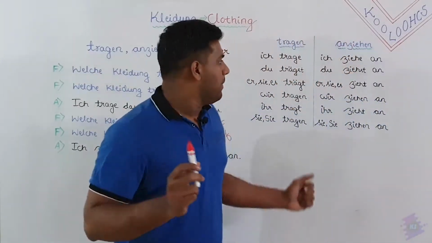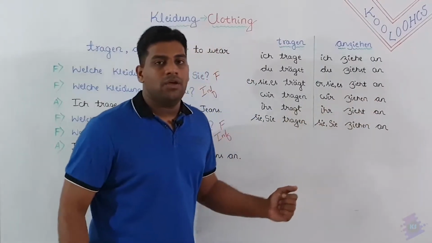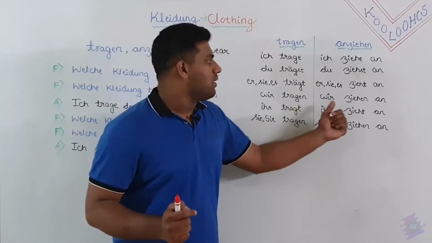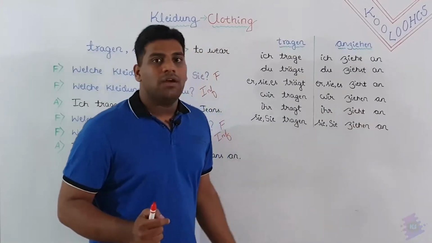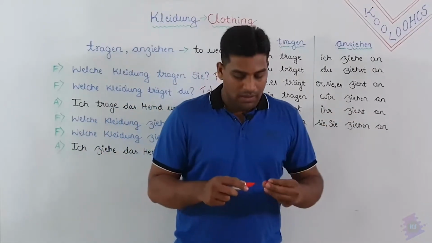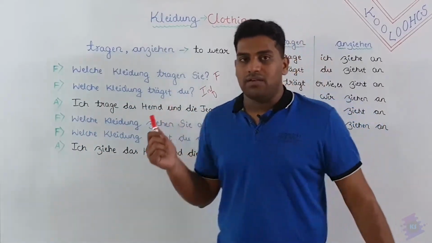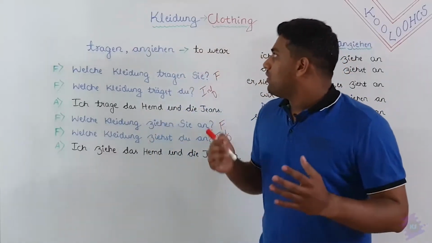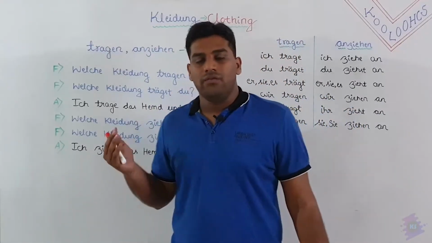An should go in the end. And we wear will be wir ziehen an. You all wear will be ihr zieht an. They wear will be sie ziehen an with small s, and you with respect is capital S, Sie ziehen an. So these are the two new verbs, tragen and anziehen, that mean to wear. So that's all from today's session about clothing, a few verbs, verb conjugations, and a few questions.